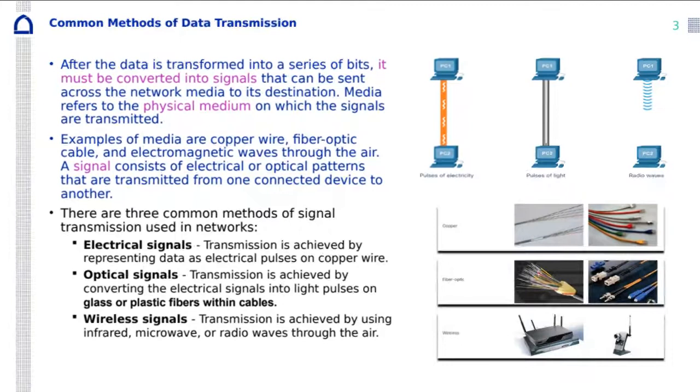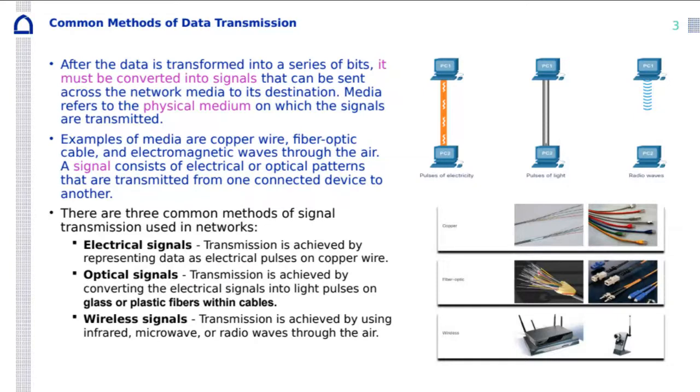We have 3 different common methods of signal transmission. Electrical signal transmission is achieved by representing data as electrical pulses on a copper wire. We have optical signal.